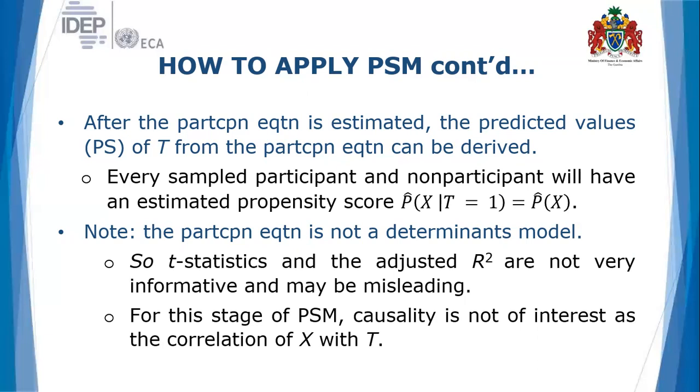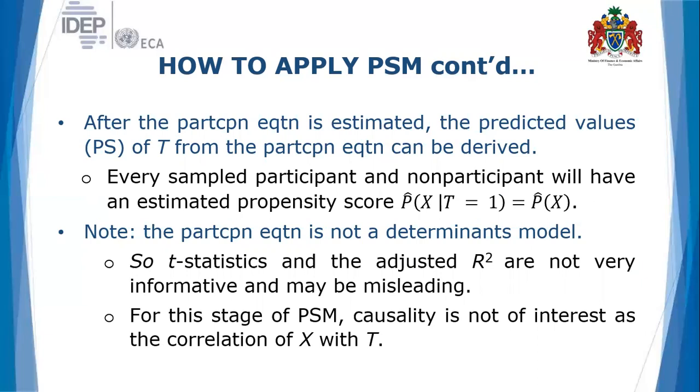Note that the participation equation is not a determinants model. It's not necessarily focusing on factors that determine participation, which is related to outcome. It is just looking at the probability of participation, which is considered the propensity score.